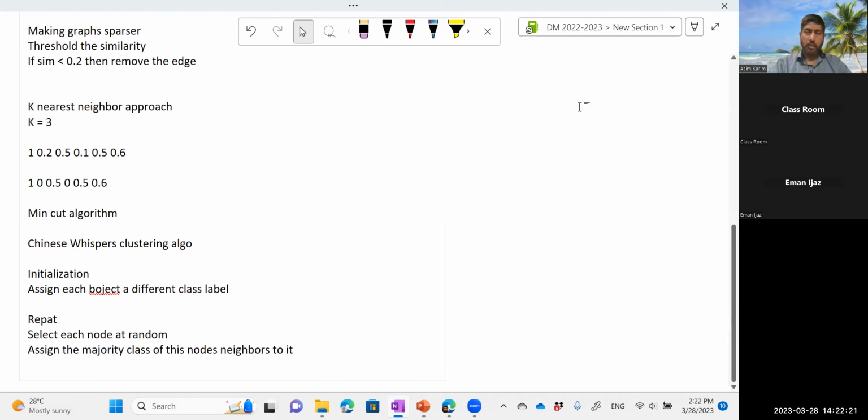And basically, you have the end repeat here. Essentially, you repeat this multiple times until there is no change in class assignment. So let me show you with the graph first. ये algorithm इस तरह का simple सा है, 2 3 4 lines है in pseudocode.